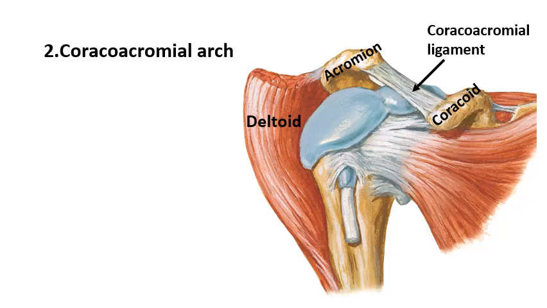This arch forms a secondary socket for the head of the humerus, and it prevents the upward displacement of the humeral head, so it causes its stability.